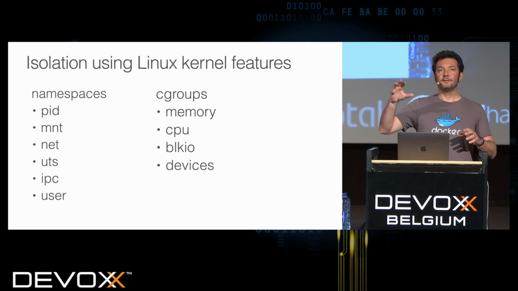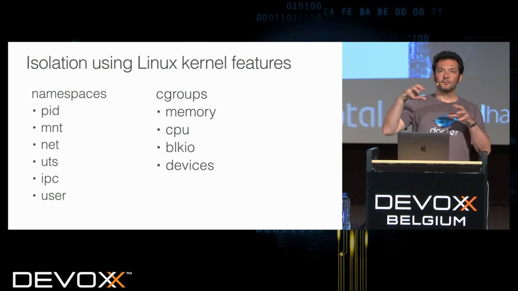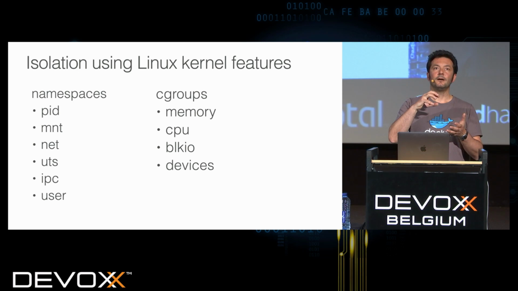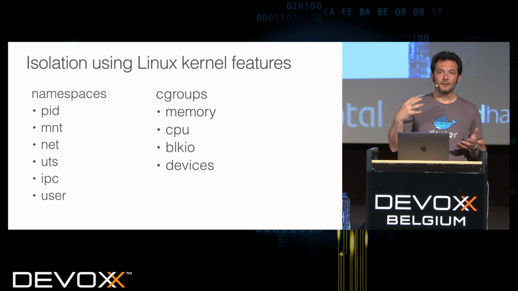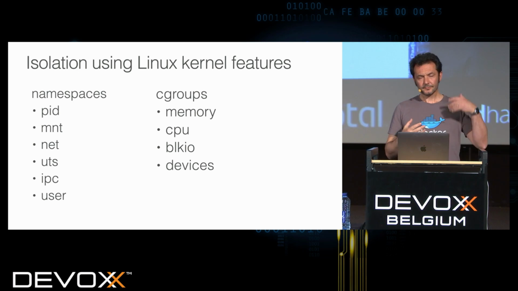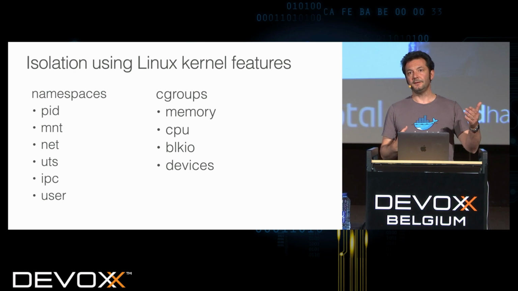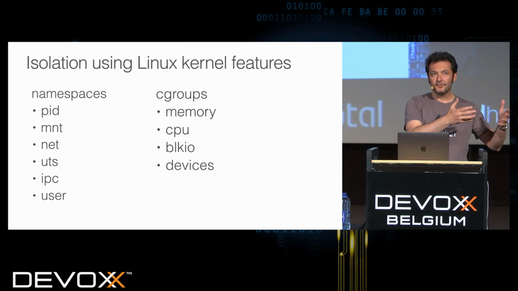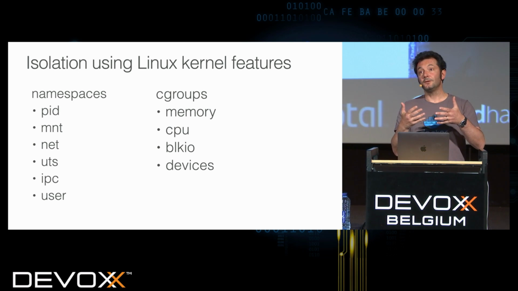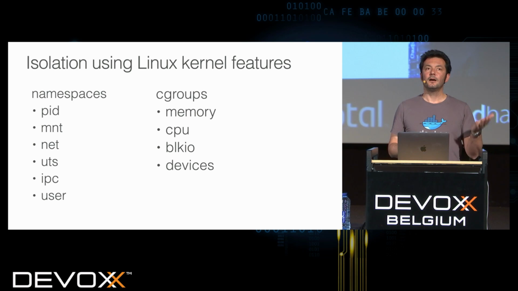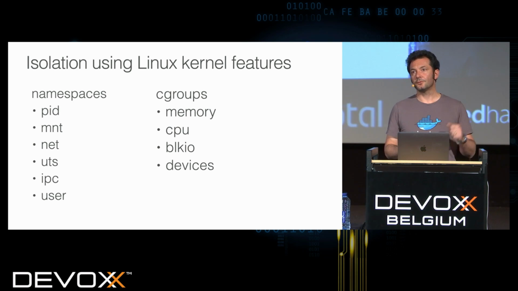One area is they had similar isolation features in private builds of the Windows kernel that were used by the Bing team to run the Bing cloud platform. And so what they did is that they took these isolation features and put them into their commercial version, which is Windows Server 2016. I think it shipped last month, so in October.